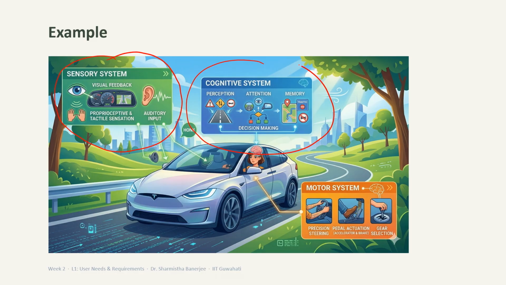When you are touching the steering wheel and driving, or you are operating some of the other controls to change the gearbox or applying the brakes and all that, your haptic system is working. Now, my cognitive system. Once I perceive the road, I might see another car or a pedestrian. I am perceiving that information through the visual system. If a car is honking, I am also perceiving the information through my auditory system.